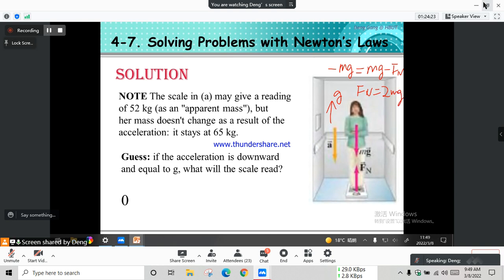So that's what happens when we launch a spaceship, or a satellite, or a rocket. The rocket needs to accelerate. When it accelerates, the force on the astronaut in it will be several times his own weight.